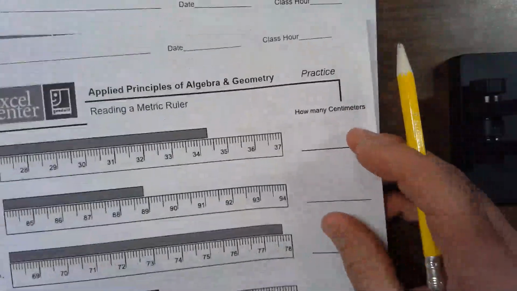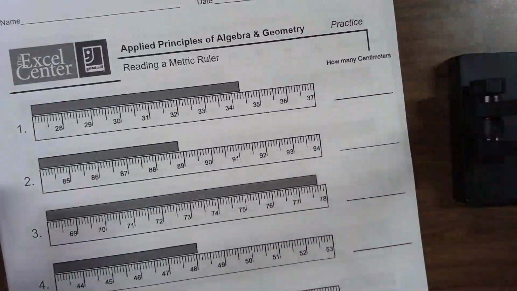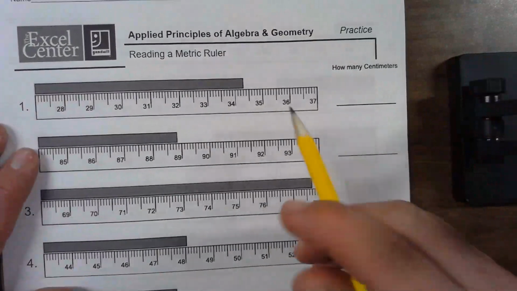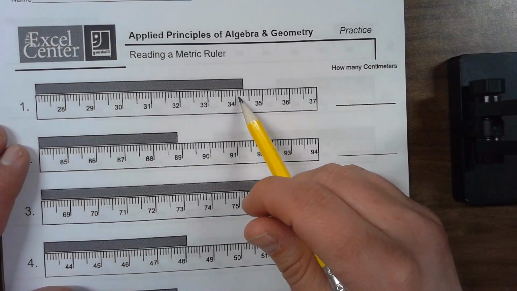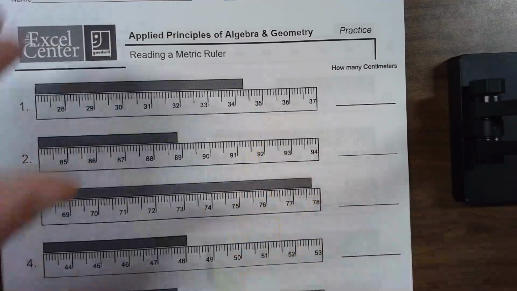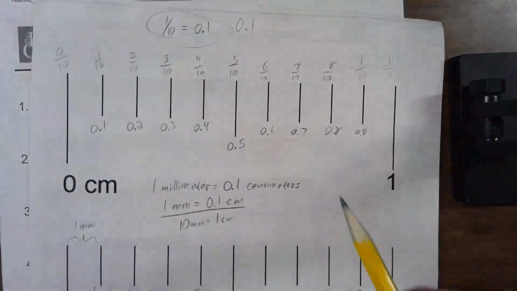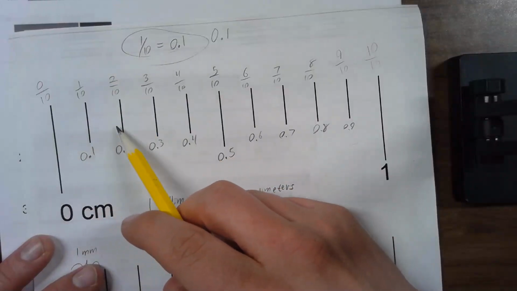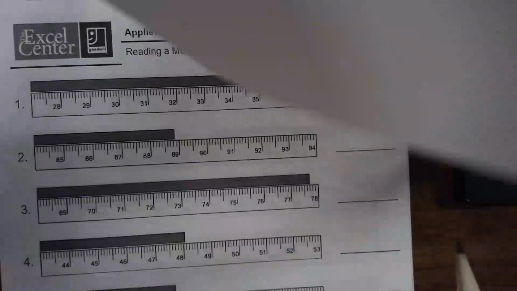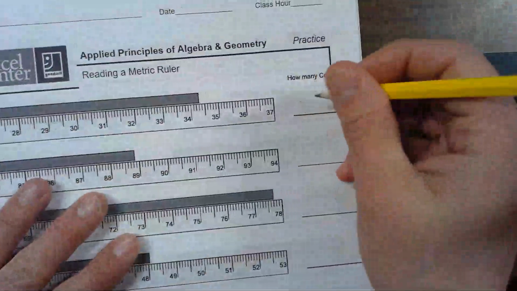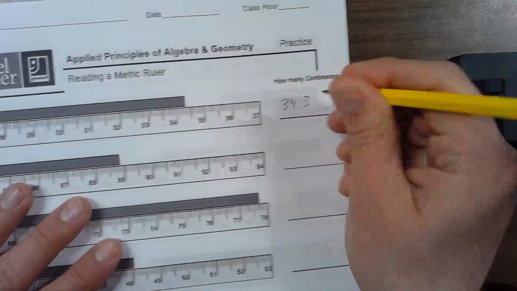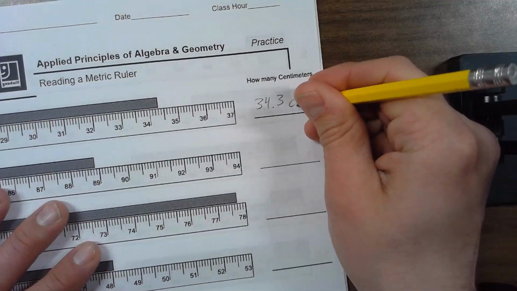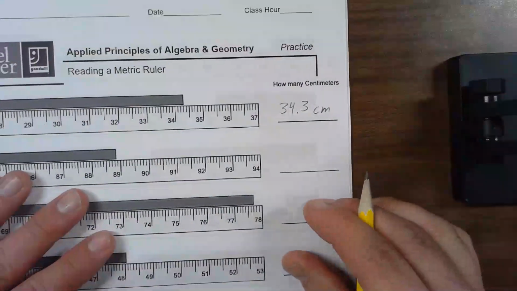So let's do the centimeters first, and then I'll show you how we'll practice the millimeters. So centimeters, so here, this is 34 centimeters plus 1, 2, 3 lines. Well, if I remember 3 lines, I just count 0.1, 0.2, 0.3. So this would be 34.3. And again, don't forget your units, especially now since we're doing centimeters and millimeters.